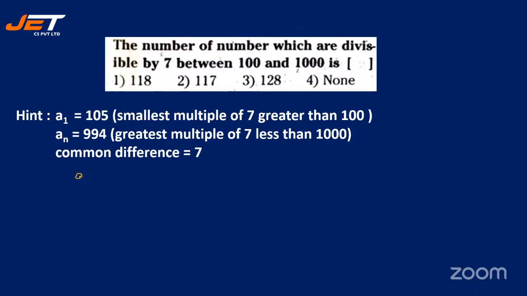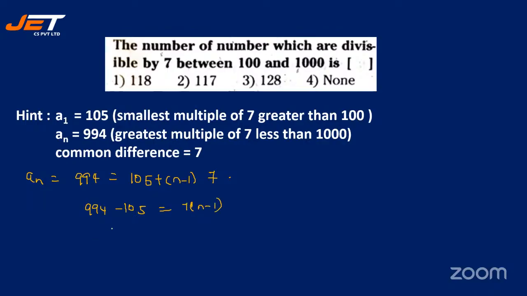So the last number is 994, which is AN, is equal to A plus n minus 1 into D. Right? So 994 minus 105 is equal to 7 into n minus 1.